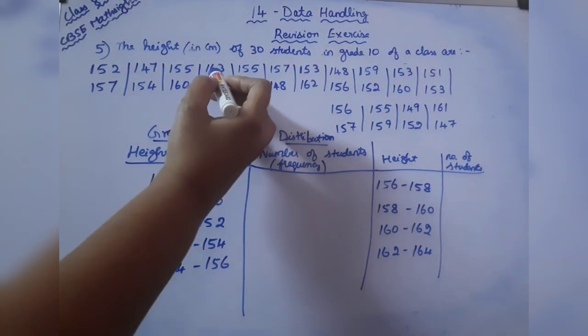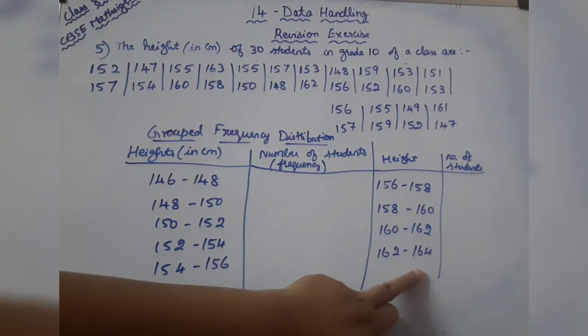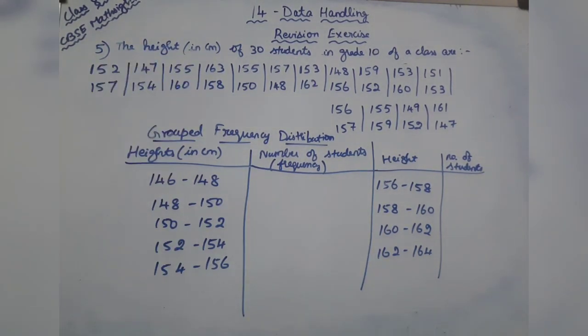So the maximum height is 163, so we can stop over here at 164. When you have space, you can write the whole table continuously.